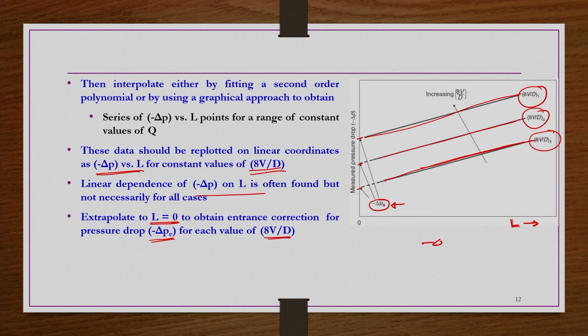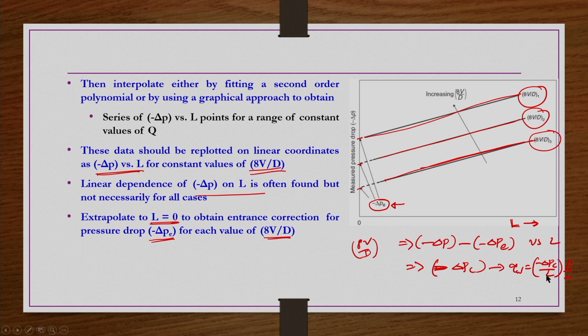Then from the measured pressure drop, for each 8 V by d, you subtract this minus delta p e, and you get the pressure correction, minus delta p c, that you will be using in your tau w calculation, minus delta p c L r by 2. In this equation you will be using delta p c rather than delta p.